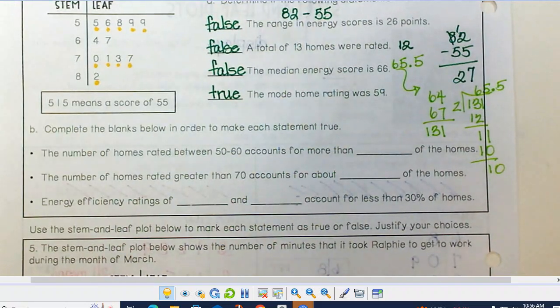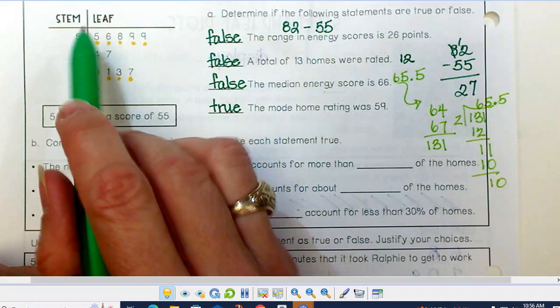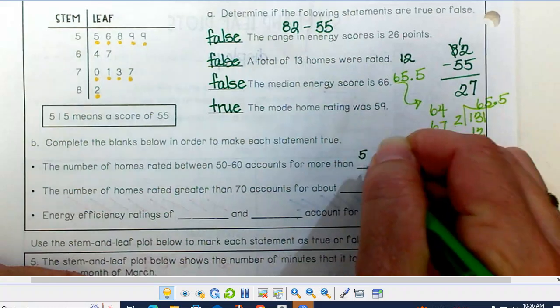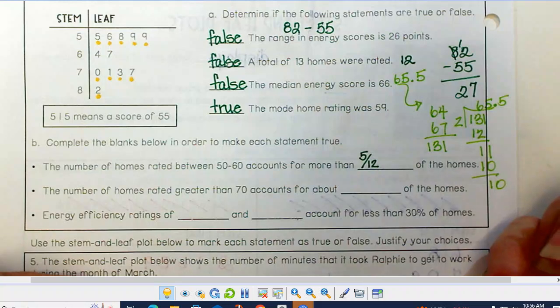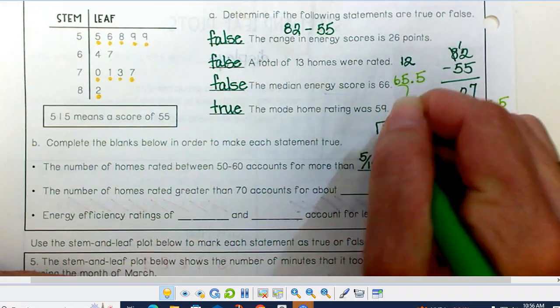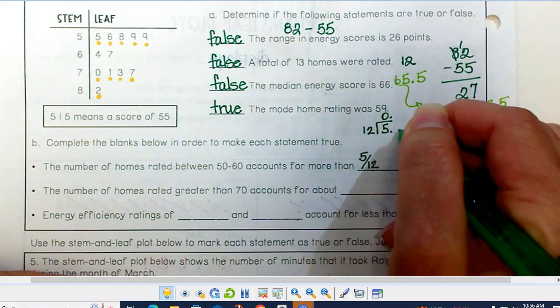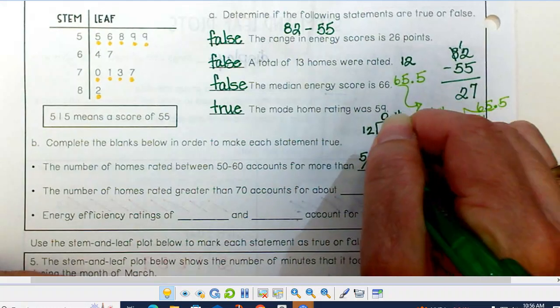Complete the blanks below in order to make each statement true. The number of homes rated between 50 and 60 accounts for more than, okay, between 50 and 60, that's more than 50 but less than 60, and that's going to be these 5 homes. That's 5 out of 12 homes, and we can convert that into a percent. 5 divided by 12. 12 will not go into 5. 12 will go into 50 though. 12 times 4 is 48.